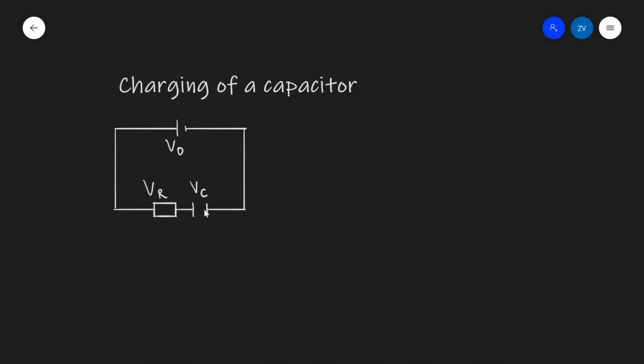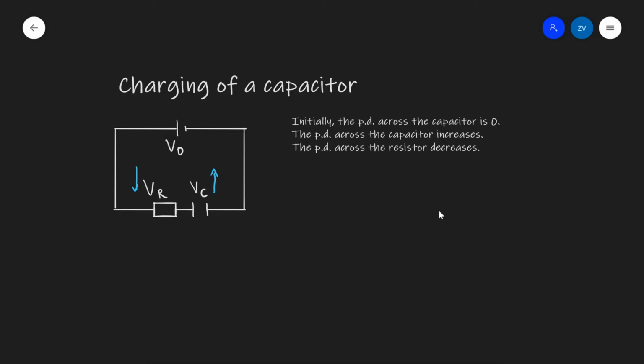Now, as the capacitor starts charging, the voltage across the capacitor will increase, so this one over here will start increasing, and the voltage across the resistor will start decreasing exponentially. In fact, the PD across the resistor will be decreasing exponentially.